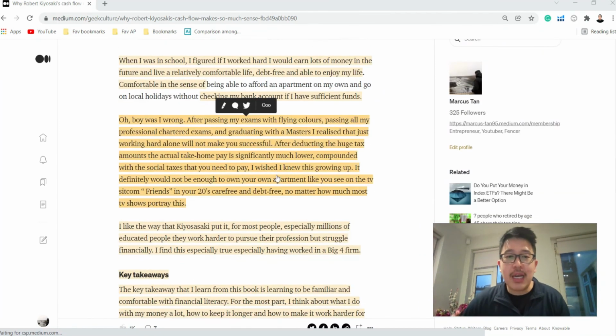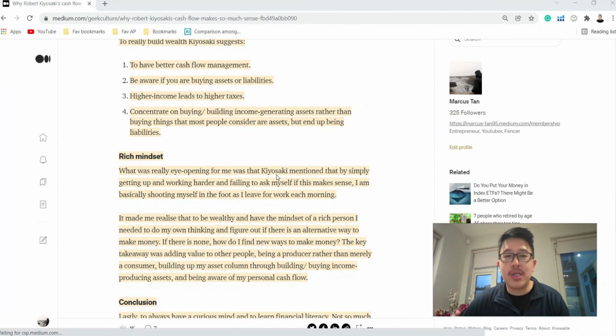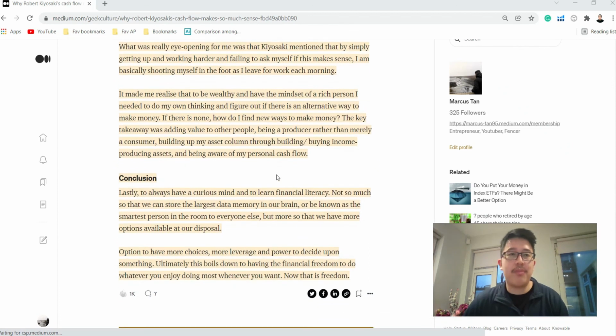At the end of the day, the goal is not to just have all this knowledge, to have financial literacy so that you can be the smartest person with the top supercomputer in your brain, but it's so that you can use the knowledge that you have to help other people, add value to other people, and you benefit yourself because you can apply the knowledge that you learn.